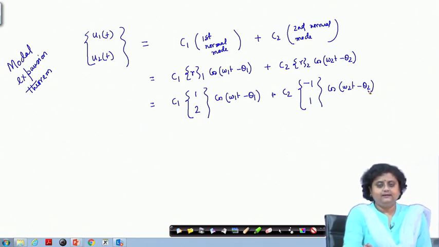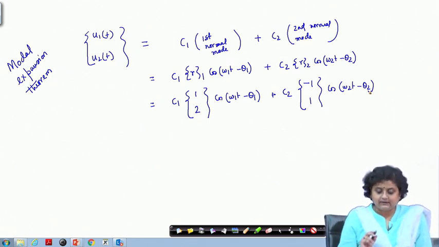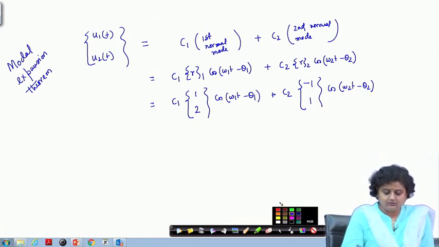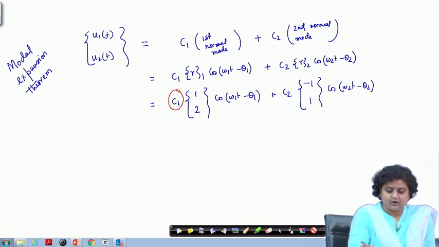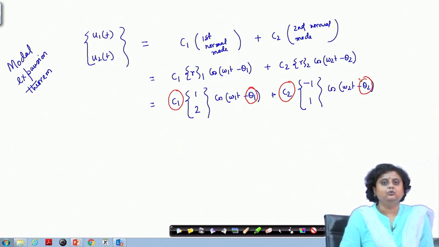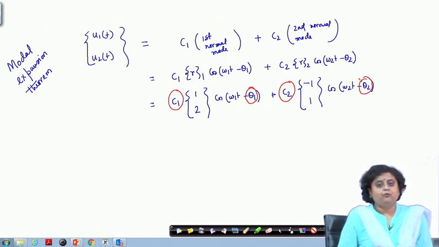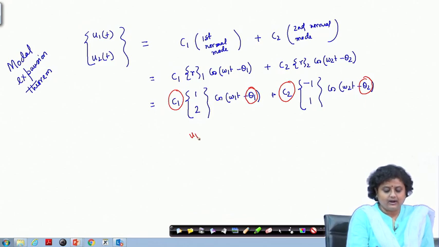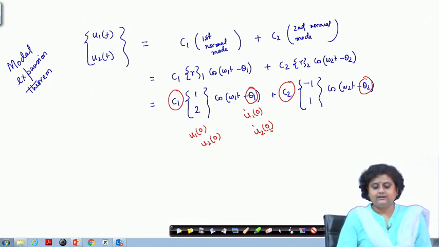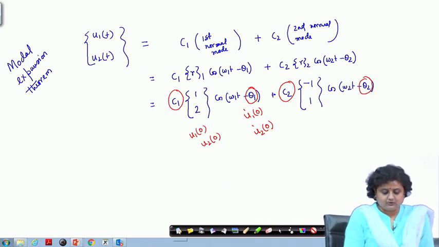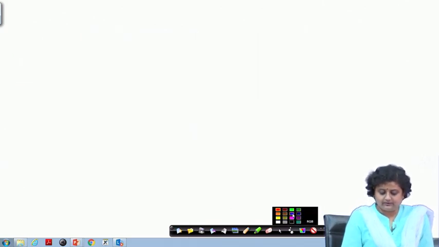Now, we see that in this expression of the response we have 4 unknowns: C1, C2, theta 1 and theta 2 are not known. And we have 4 initial conditions: u1(0), u2(0), u1 dot(0) and u2 dot(0). So, I have 4 initial conditions and 4 unknowns, and we therefore can easily solve this problem. Let us go ahead with the problem solving.